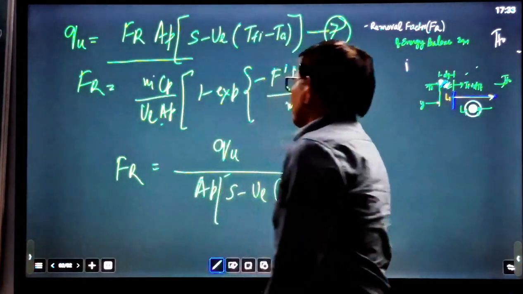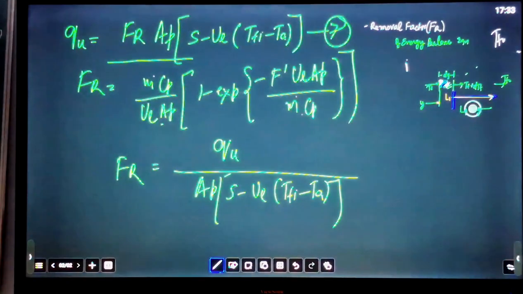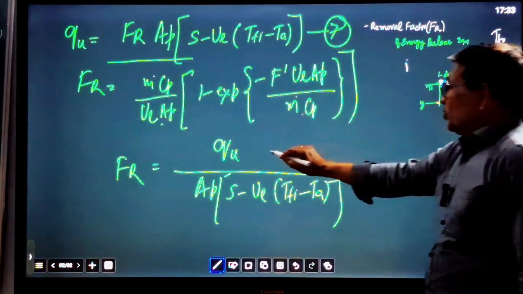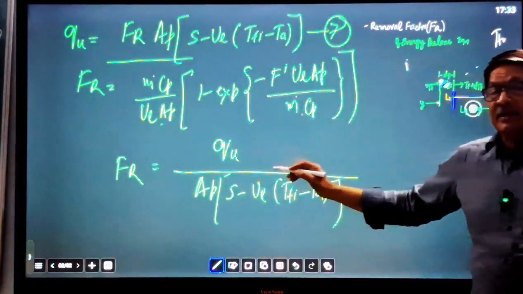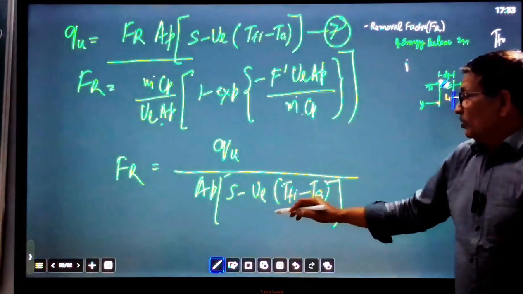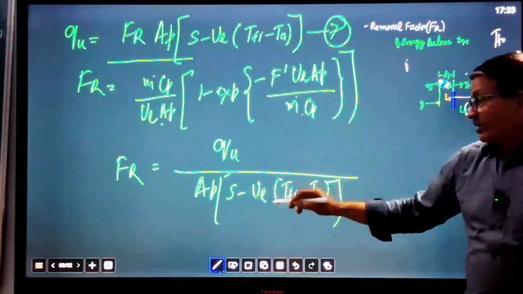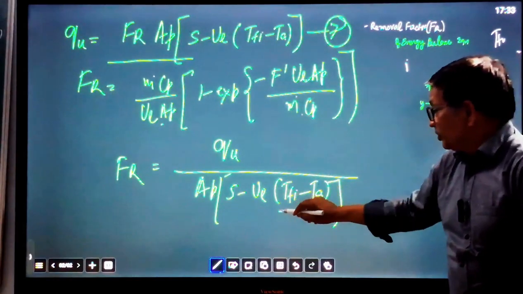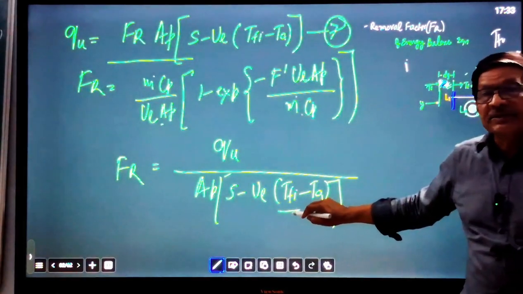It is the ratio of useful heat gain by the collector to the useful heat gain by the collector when the collector plate temperature equals the fluid inlet temperature of the tube.